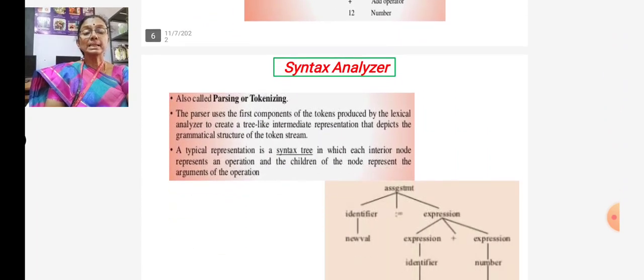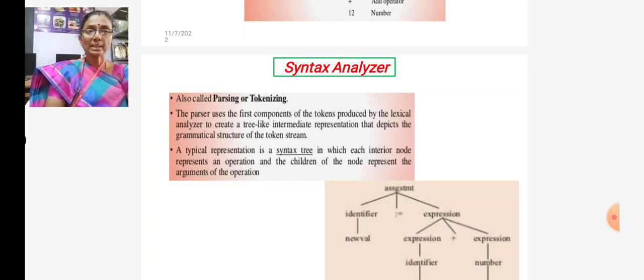Next is the syntax analyzer. The syntax analyzer does parsing, and is also called the parser. It gets tokens as input and produces a parse tree as output. For parse tree construction, it uses a context free grammar. A grammar is a collection of non-terminals, terminals, production rules, and a start symbol.